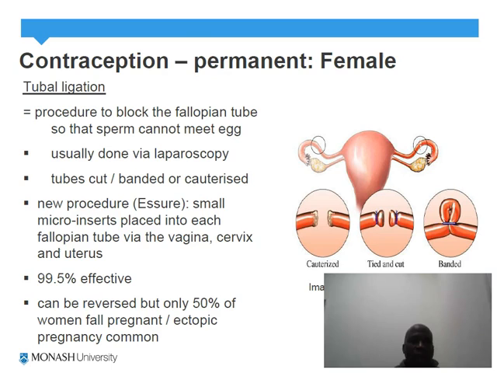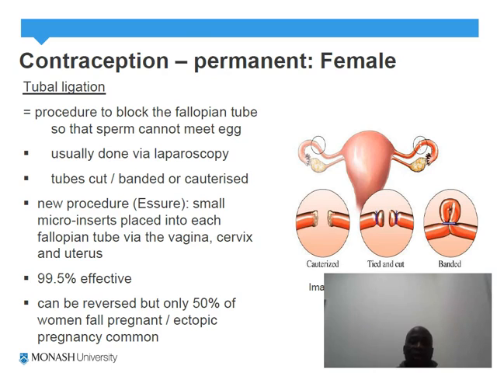Okay, let's look at the permanent form of contraception in females. It is called tubal ligation. This is a procedure where the fallopian tubes are blocked.